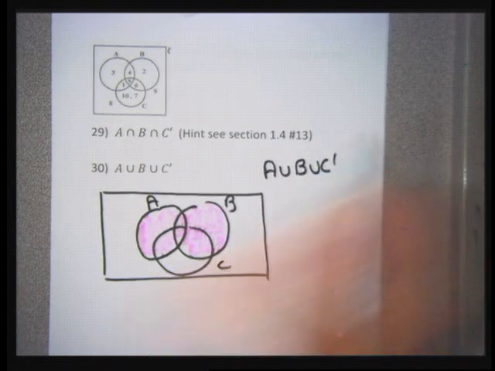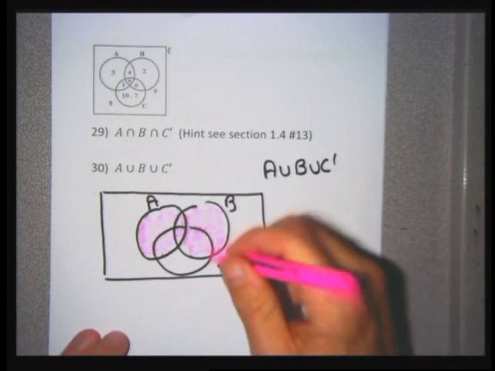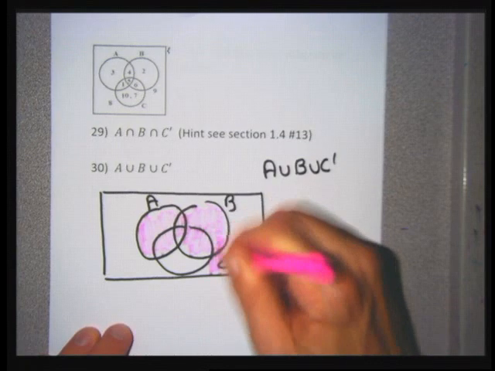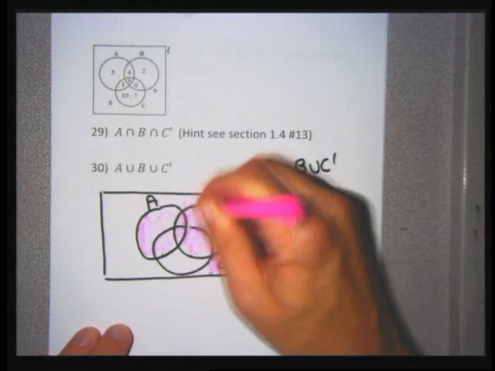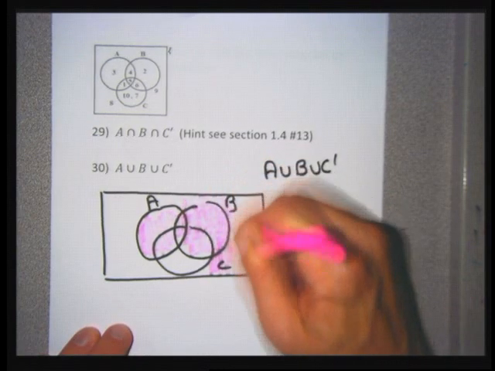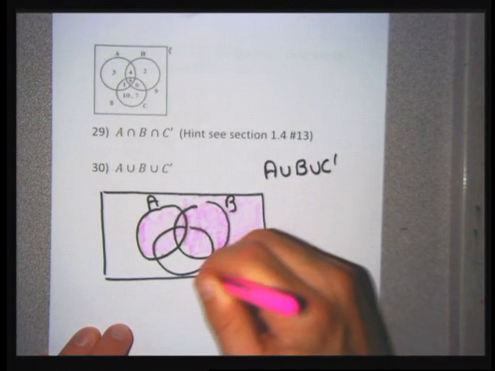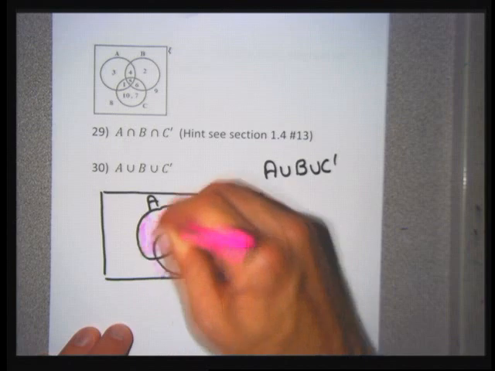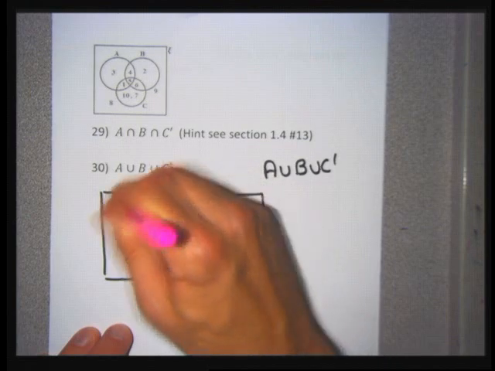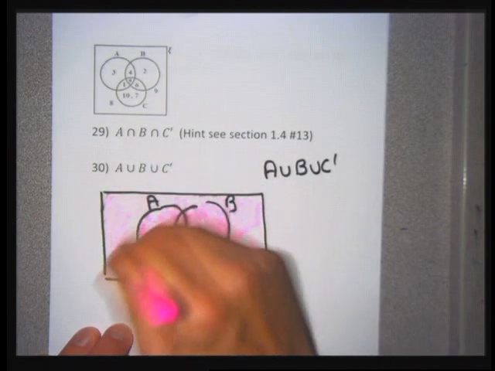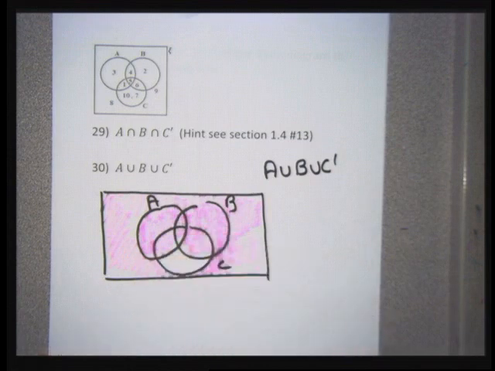So I'm going to union C prime. So to my graph of A union B, I'm going to add the graph of C prime, and C prime is anything that's outside the C circle. So what I'm doing now is shading every bit of this graph that's outside the C circle. So that's a picture of A union B union C prime.